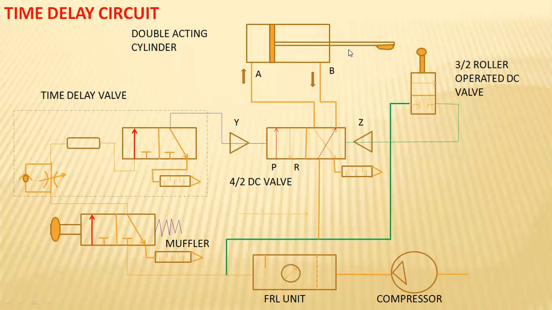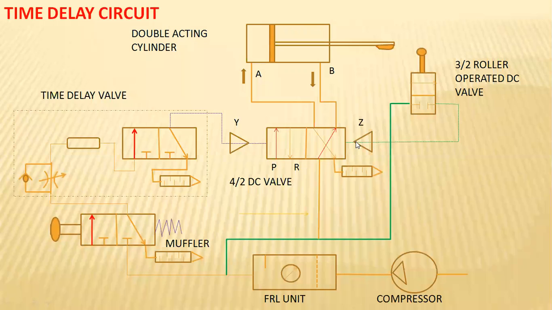Upon complete extension of the forward stroke, this highlights the channel to trigger this roller operated switch. At that particular time, the stopper energizes, which lets the common pneumatic supply flow here and reach this second system.